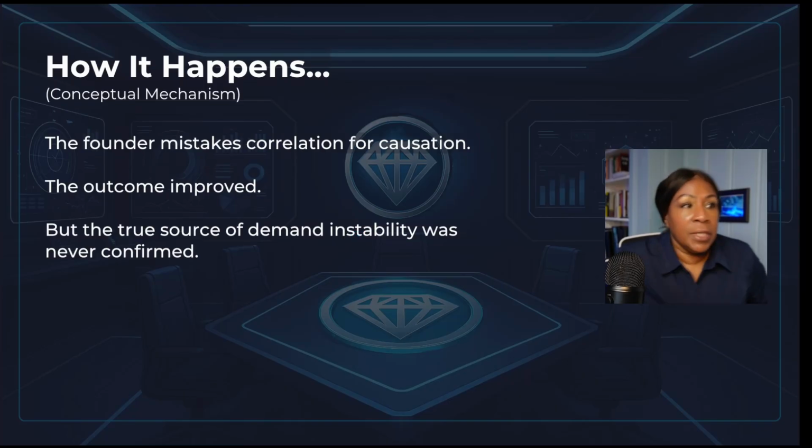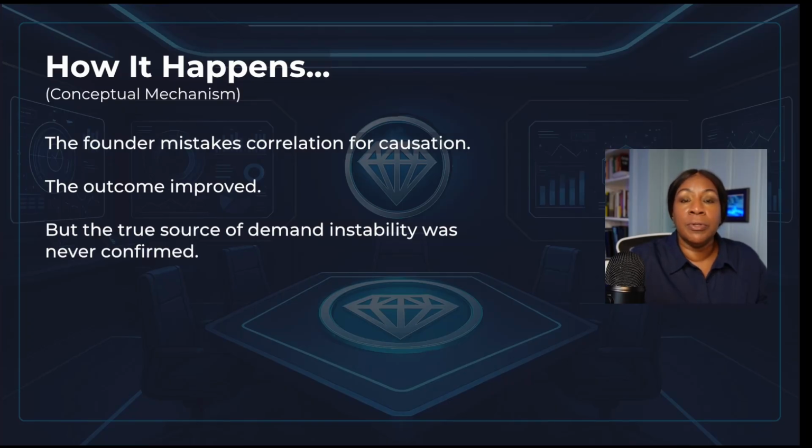So how this happens is the founder mistakes the fact that they took an action and then there was an improvement, mistakes that for causal, and it's really not. So even though there's an improved outcome, there's no confirmation on what really caused the outcome.